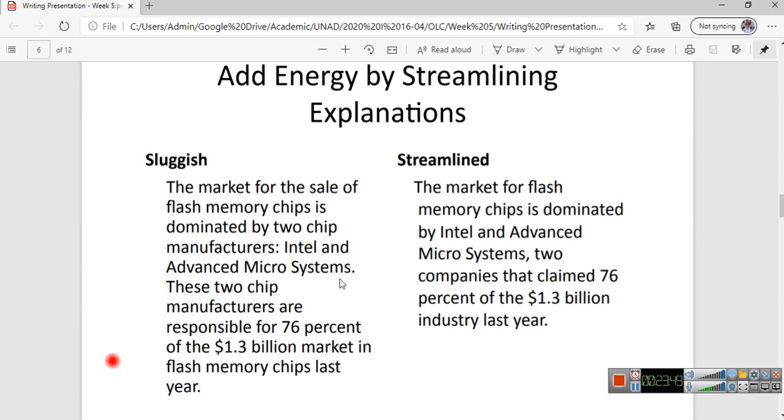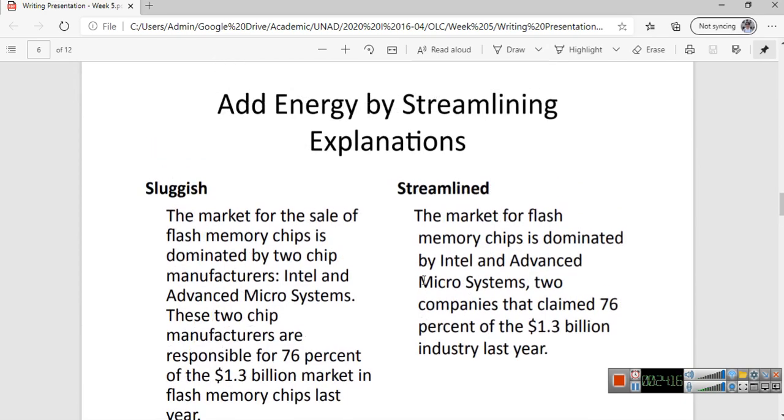You don't have to say "these two manufacturers" again. As you're talking about Intel and Microsystems, you just say that they claim 76% of the 1.3 billion industry last year. So this is sluggish because it has a lot of unnecessary wording, whereas the streamlined is right to the point.